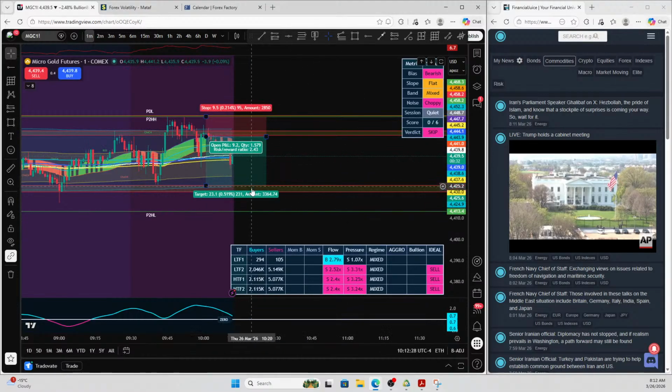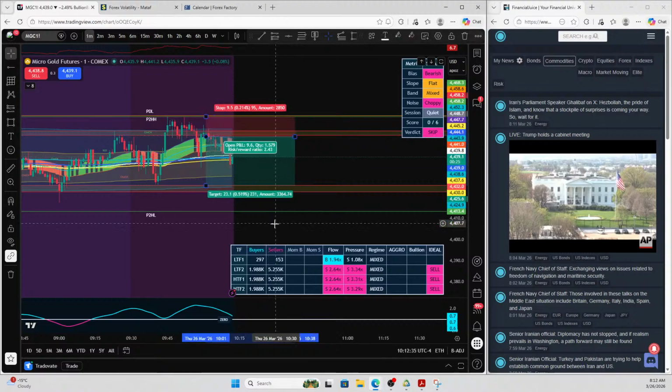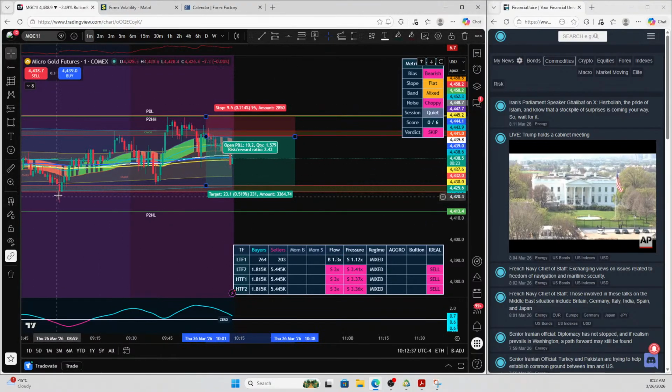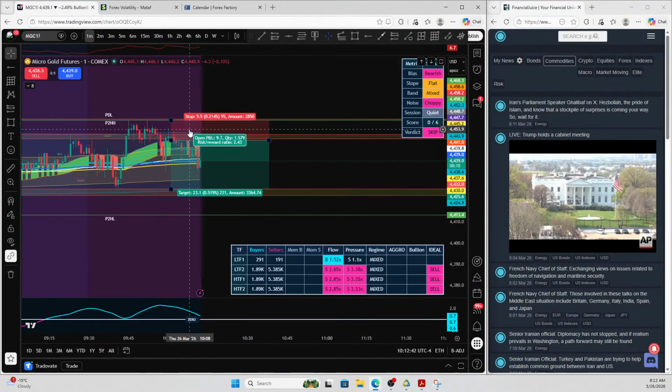So we just gotta wait and see if we can get this opposite end tested. Because remember, we're in this range since morning, and we're waiting for price to just come back down and test this level here.